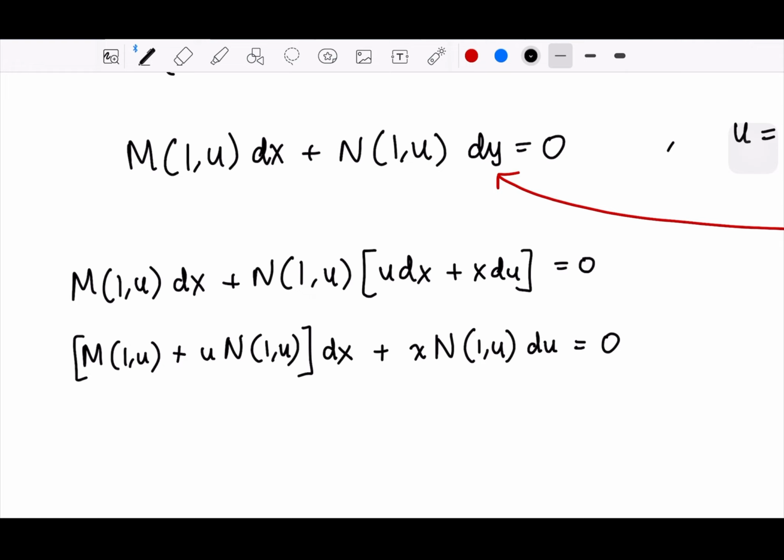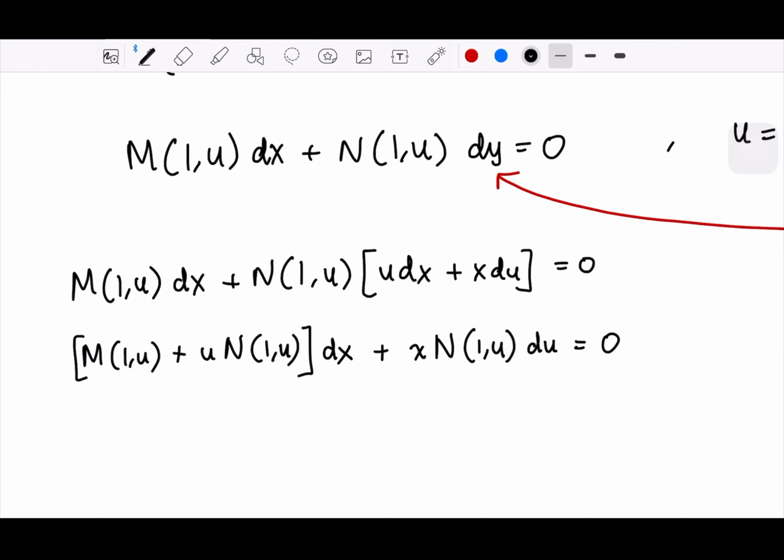So what are the things that need to be solved from here? We are going to have a separable differential equation. So that's the whole procedure. The idea is we are going to substitute either with u or v, depending on which x or y you want to substitute.